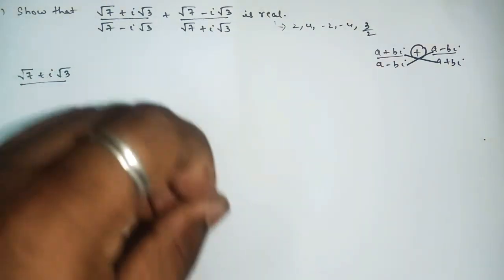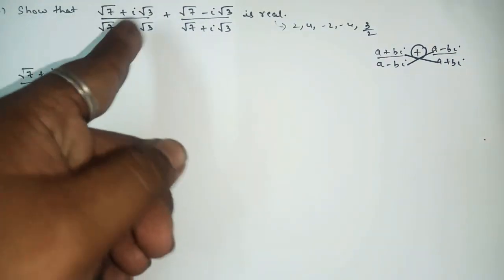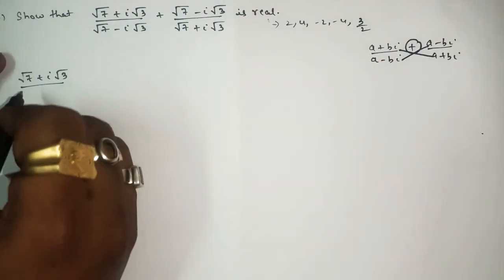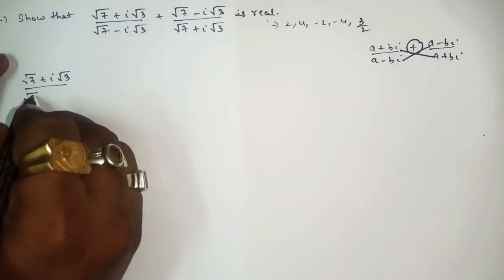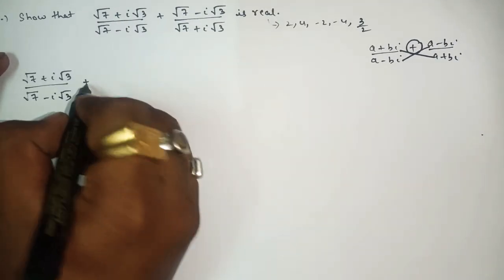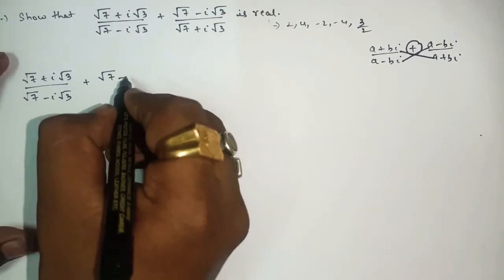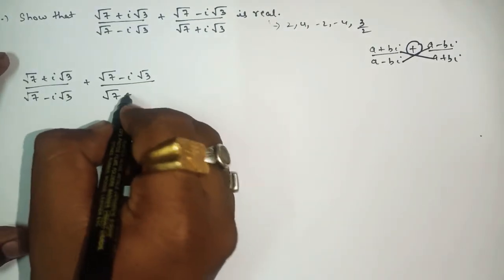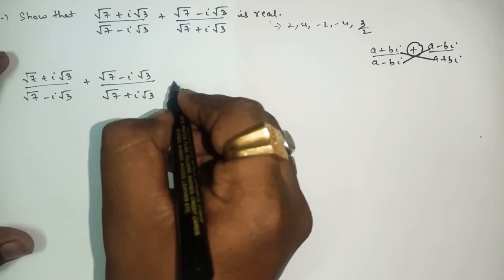And here the pattern of the question is a little different. Here we have plus minus and then minus plus. Okay, so let's move on. Root 7 minus i root 3 plus root 7 minus i root 3 upon root 7 plus i root 3.